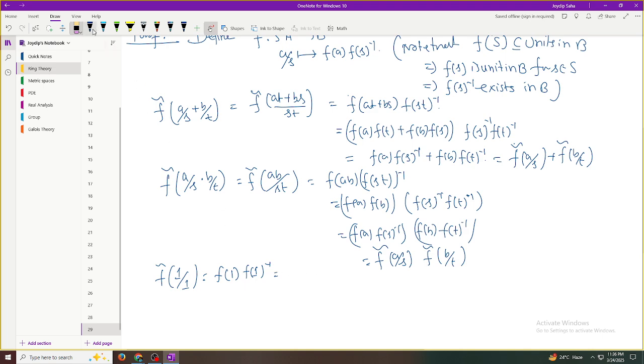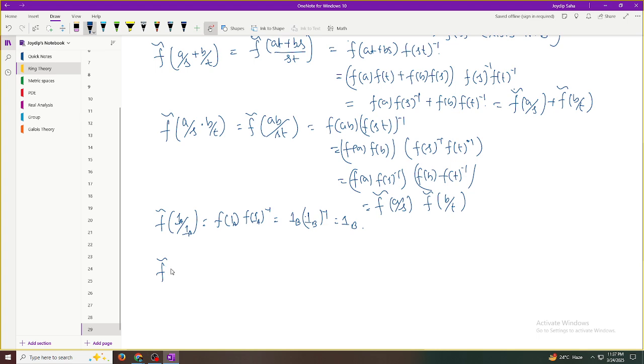Now f is a ring homomorphism, so it is 1_B times 1_B inverse, so F tilde is a ring homomorphism.